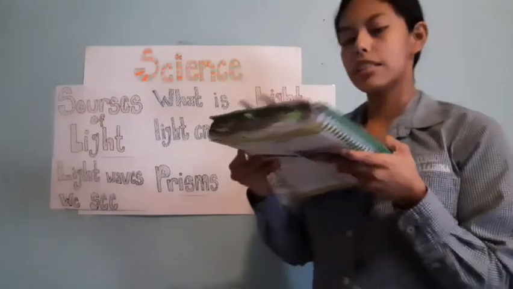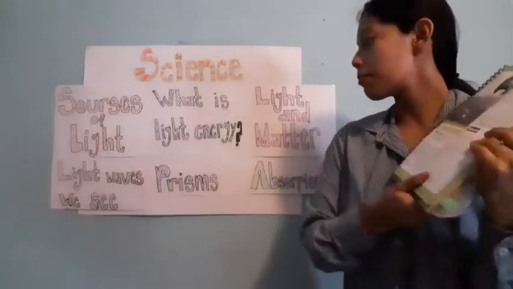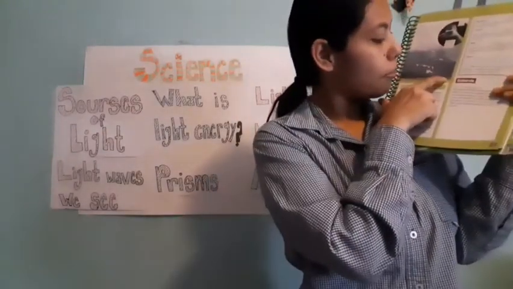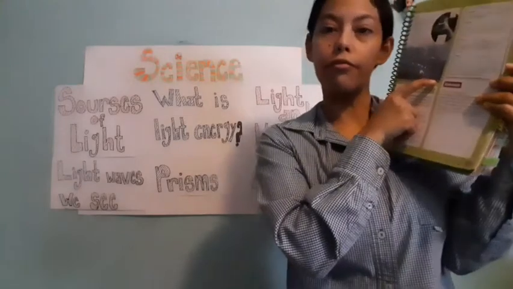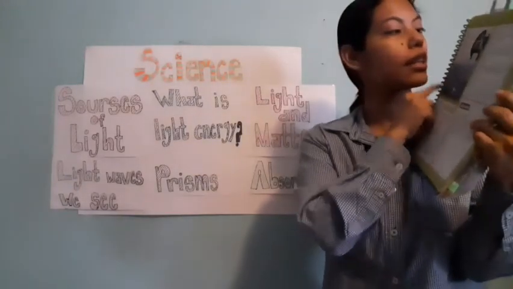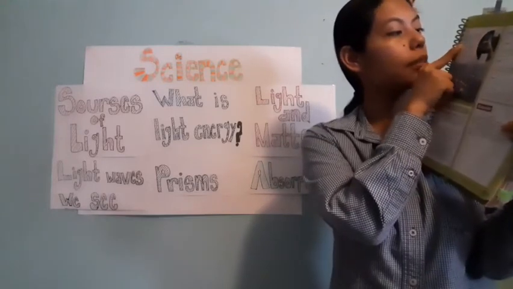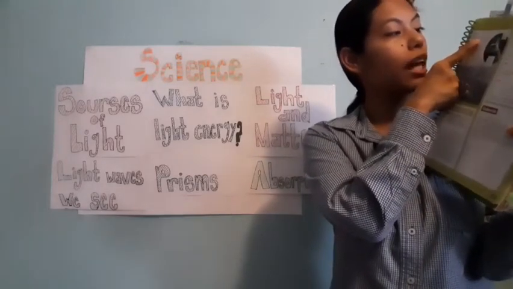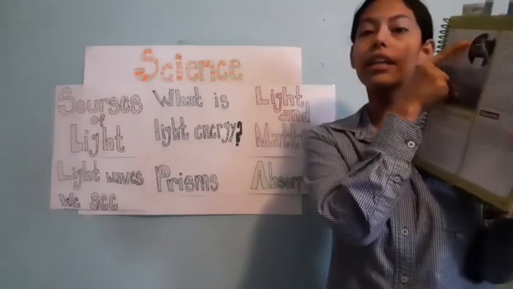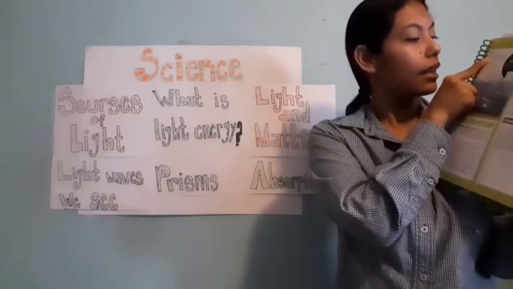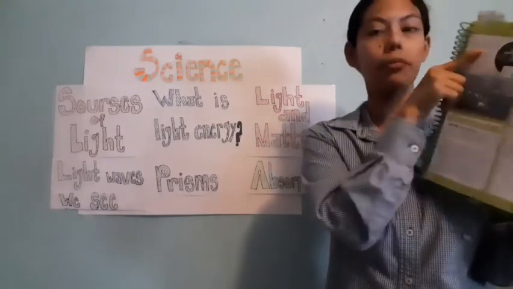Let's go to topic number 3, the prisms. In the prisms topic on page 249, you can see that a prism is a piece of glass that can separate the white light into the different wavelengths.